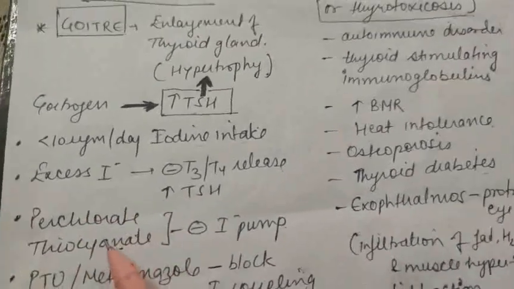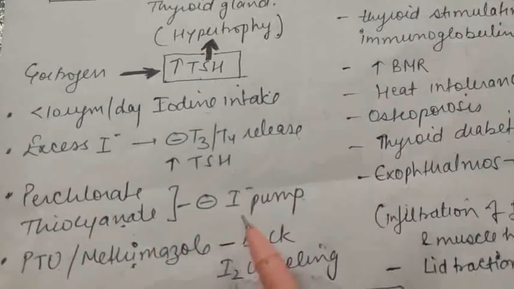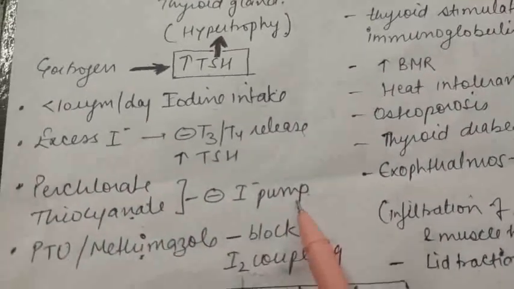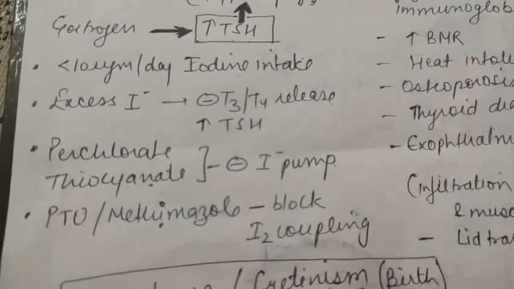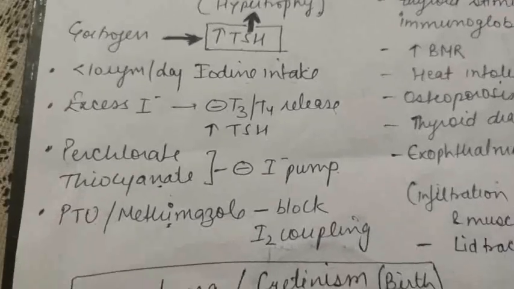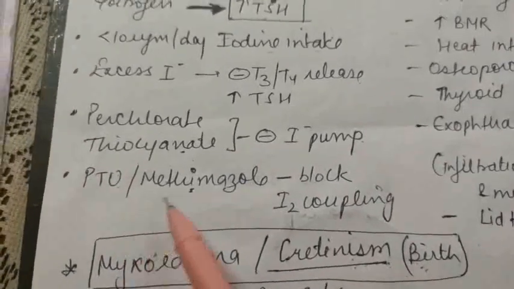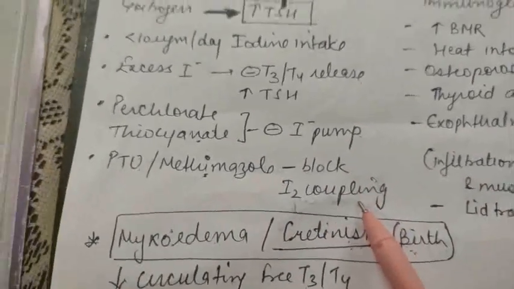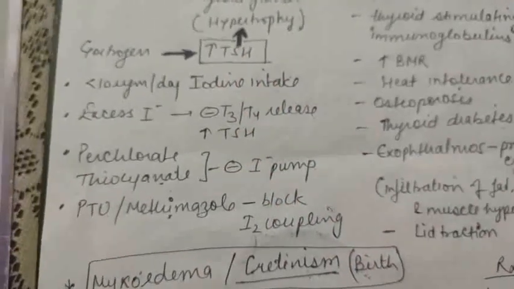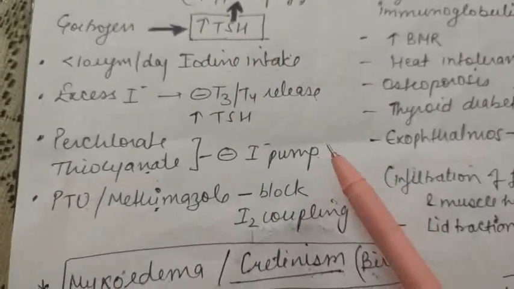Some monovalent ions, perchlorate or thiocyanate, can also inhibit the iodide pump. So the iodide pump is inhibited, which means iodide will not be coming into the colloid. There are also anti-thyroid drugs, PTU and methimazole, which block iodine coupling. These are some goitrogens which can increase TSH and ultimately goiter can occur.